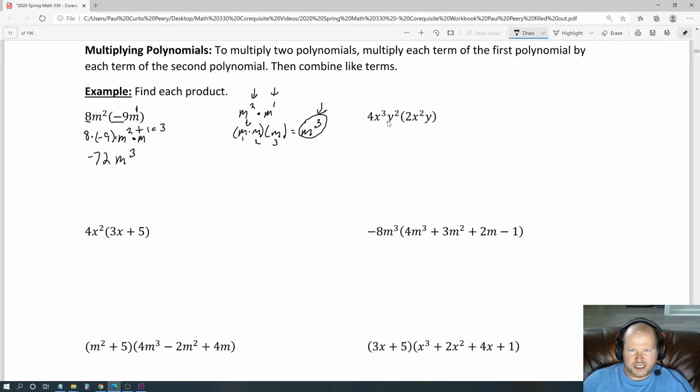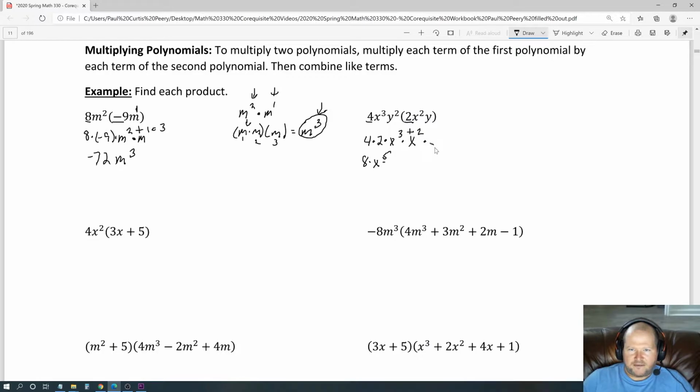Okay, so let's try the next one. So again, we have 4 times 2, which gives me 8. I'm not going to write this after this one, but again, you could write 4 times 2. Then you can write x to the third times x to the second. So you add 3 plus 2, and that gives you x to the fifth, right? You don't have to put dots here. I'm just putting them to illustrate something.